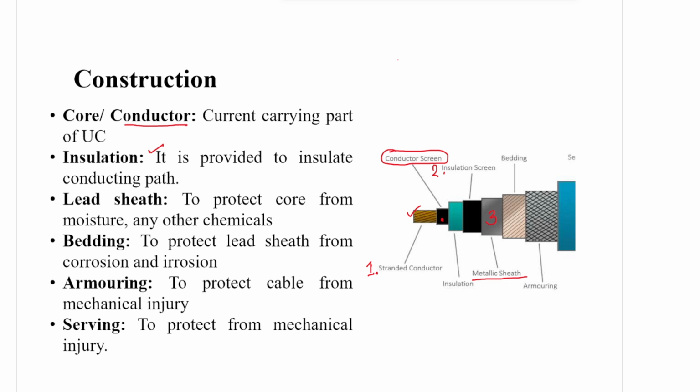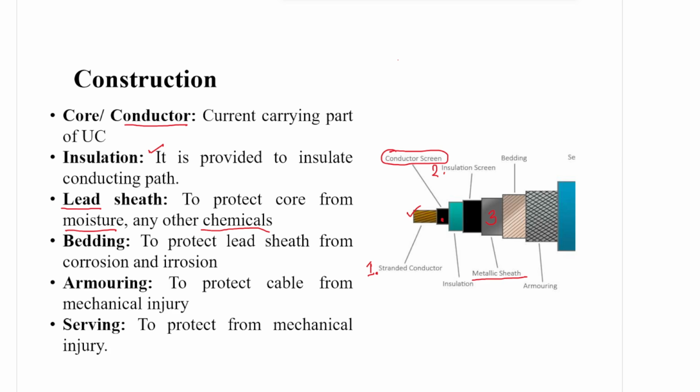It is made up of lead, mainly provided to protect the core, that is the conductor, from moisture and other chemicals, like water vapor or chemicals dissolved in soil.